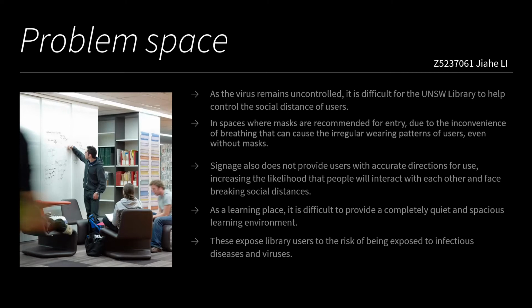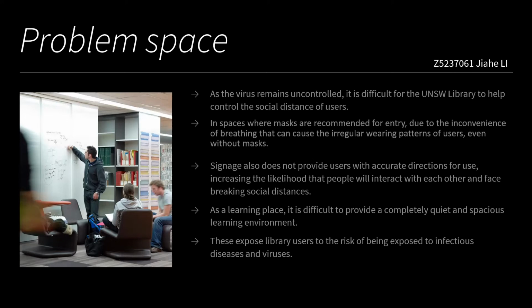Signage also does not provide users with accurate direction for use, increasing the likelihood that people will interact with each other and break social distance. For example, where are the charging facilities when the electronic device runs out of power?